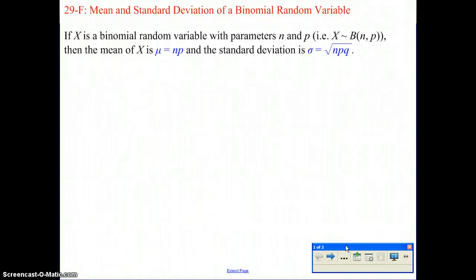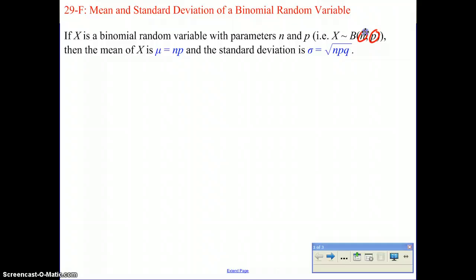All right, so in the last section we were getting an introduction to binomial random variables, and today we're going to look at how to calculate the mean and standard deviation of a binomial random variable. So as it says, if x is a binomial random variable with parameters n and p, in other words, like we said, x is represented by the binomial distribution, n and p are our number of trials and our probability of success, then the mean of that random variable, mu, is just equal to n times p.